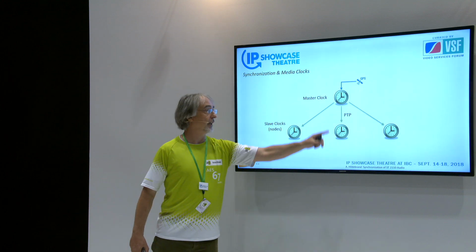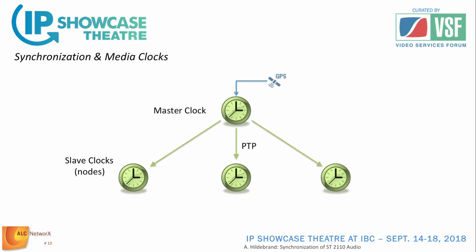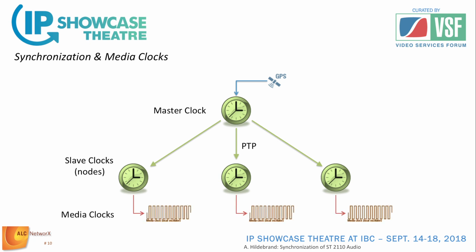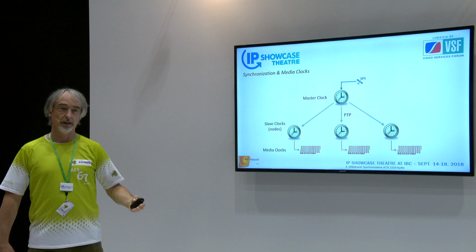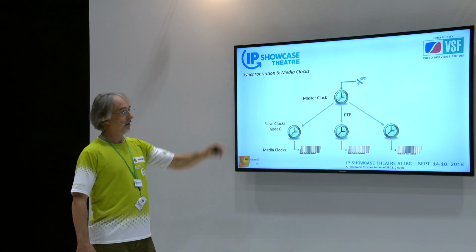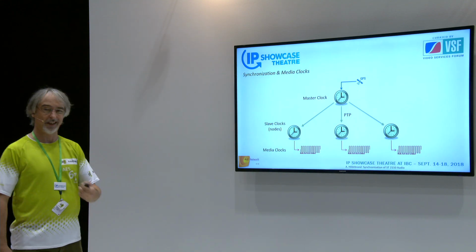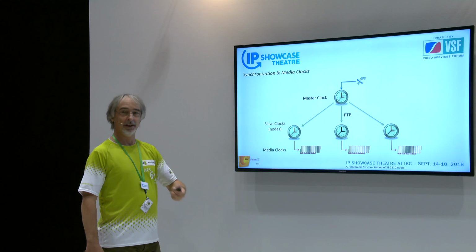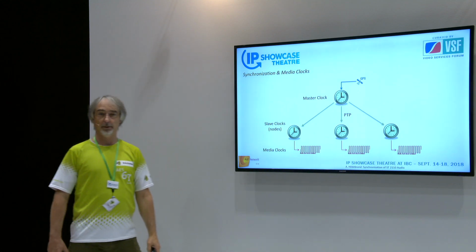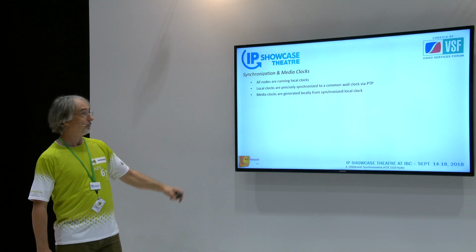We have slave clocks, and they are all synchronized utilizing the PTP version 2 protocol. From the clocks, I can use any desired media clock, and once I have precise time in all my devices, all the clocks are absolutely identical, not just frequency-wise, but also phase-aligned. That's the general picture of how we generate media clocks which are precisely aligned, with the precision we require, because PTP can actually serve that.